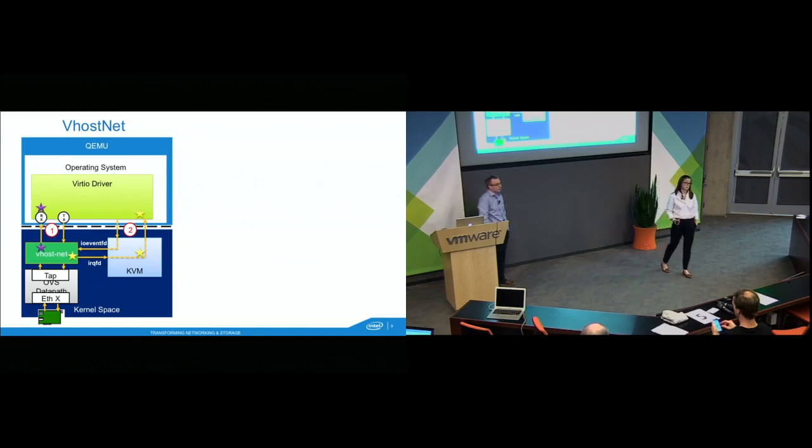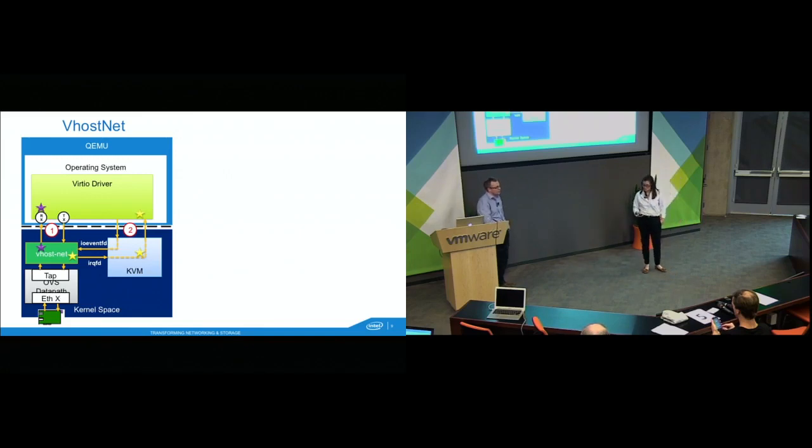The second piece is the location of the vert queues so that the Vhost-net module can push and pull packets directly to and from them. The final piece is the event descriptors, the event FDs, that are used to trigger and receive notifications to and from the guest.